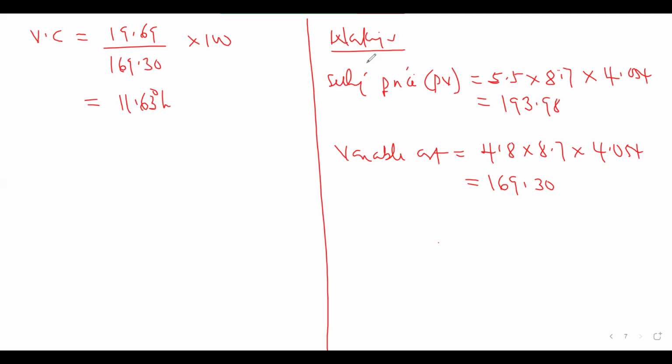Okay, it's supposed to be 5.5 as a selling price, but because of the approximation, that is why we are having 5.38.